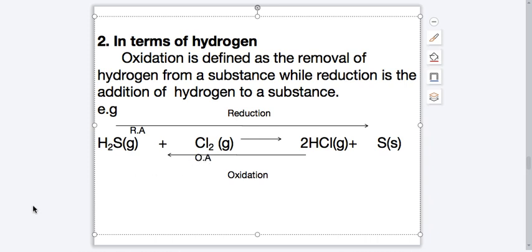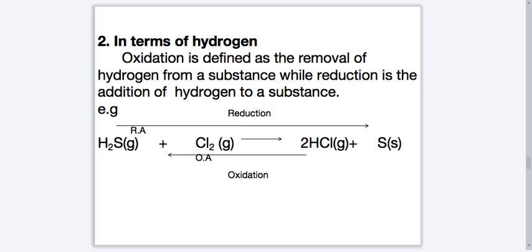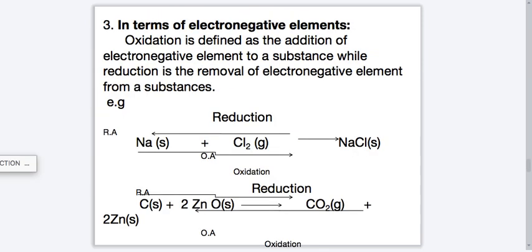The third way of defining this concept is in terms of a negative element, that is an element that carries a negative charge when it gains electrons, referred to as a non-metal.